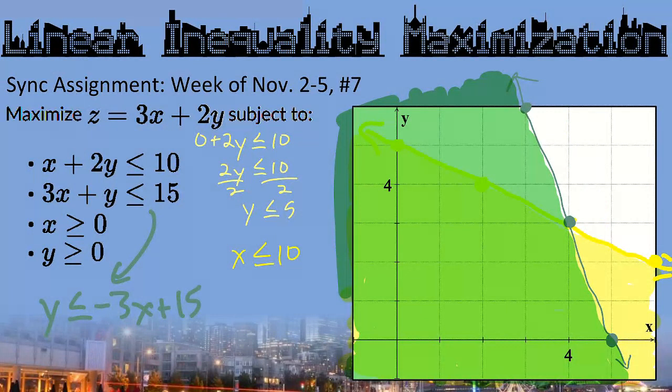Okay. All right, now we have x is greater than or equal to 0. So here is my x is greater than or equal to 0 line, and I'm going to shade to the right of that. x has to be greater than or equal to 0. So that means over here.